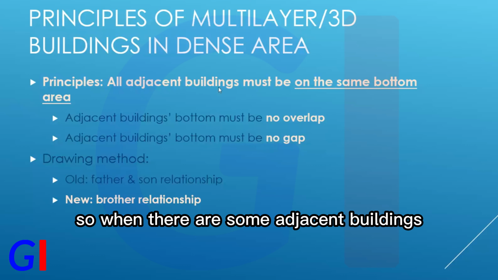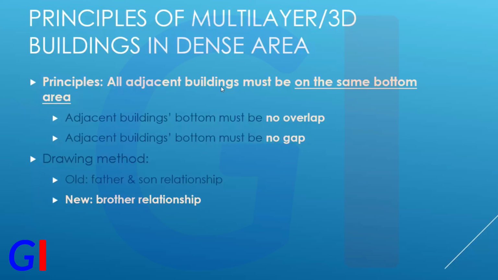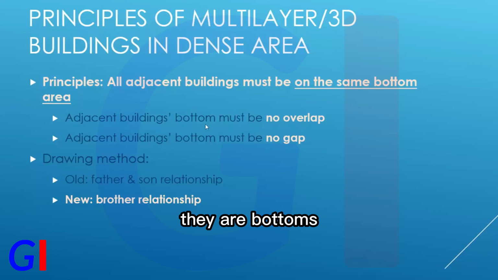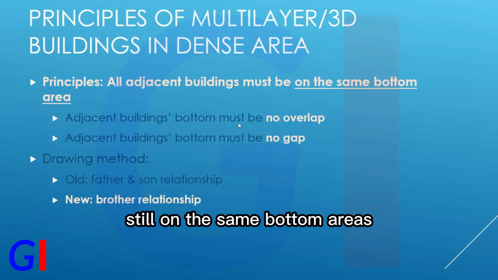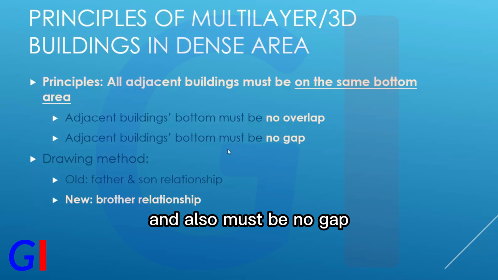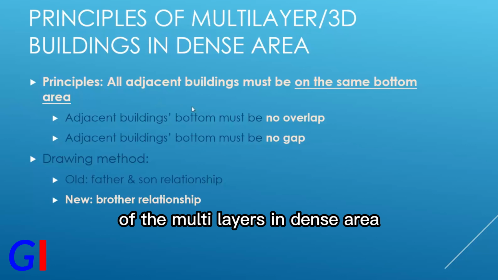When there are adjacent buildings which are built together, we need to make sure that after we draw the 3D, their bottoms are still on the same bottom areas. That means their bottom areas must have no overlap and also no gap. That's the basic principle of multi-layers in dense areas.